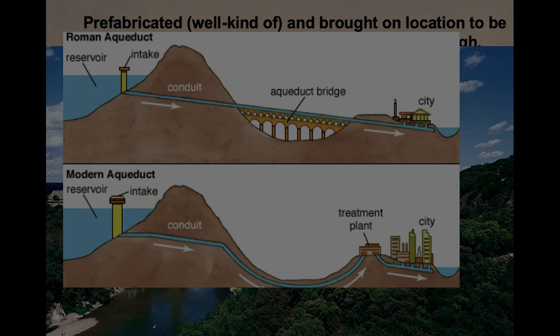And then here's a comparison of modern day and then Roman. For us now, obviously everything's underground and it goes into a treatment plant and then into the city. But for Romans, it was just straight out of the reservoir.